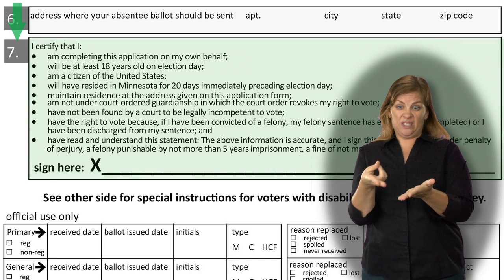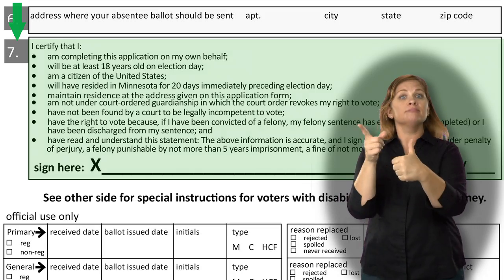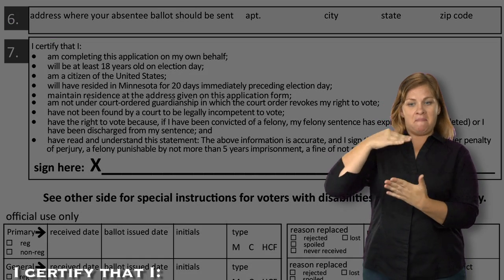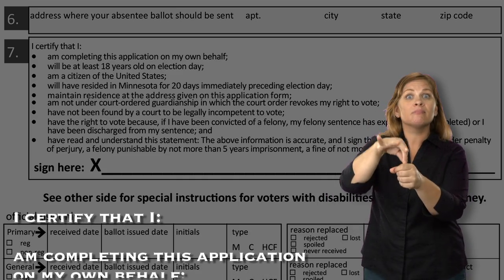On line 7, there's an oath that you have to sign. It says, I certify that I am completing this application on my own behalf.